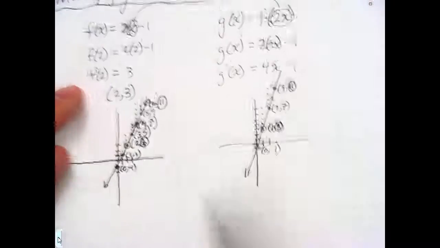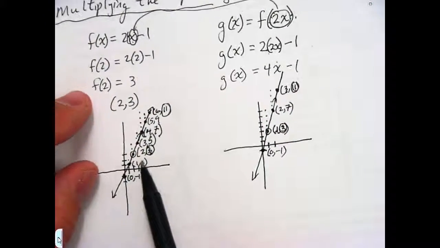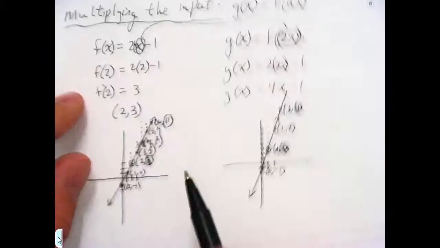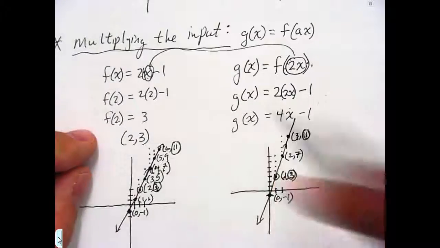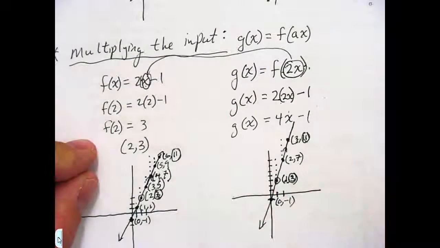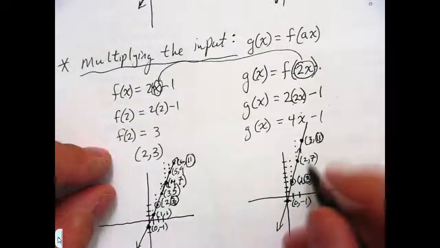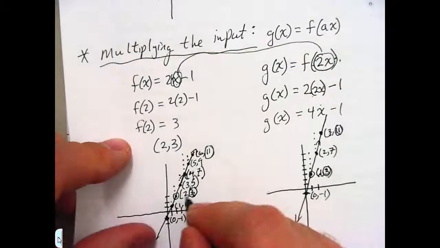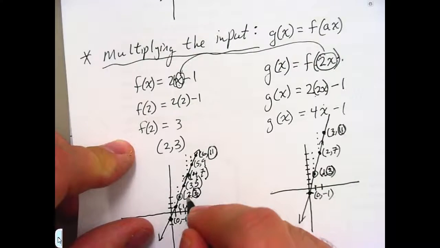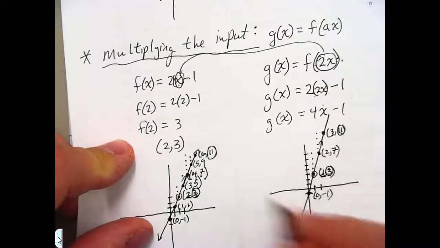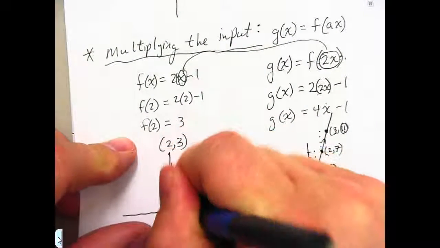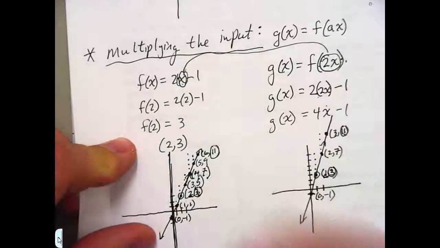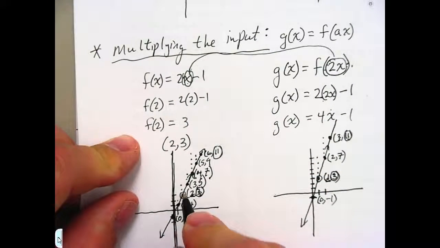Okay, so we went backwards. When we're multiplying something by our input, it's almost like it's dividing it. It's cutting it in half. And really what you're measuring here is, if I have an input of 2, I'm now going to have an input of 1. You're measuring your distance away from this axis. So how far is this point from here?